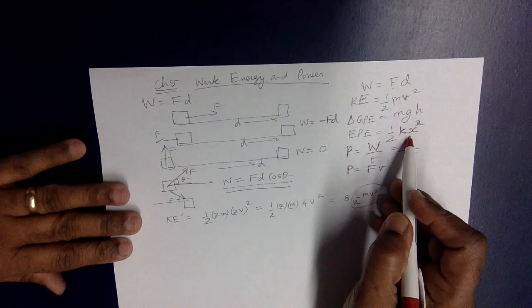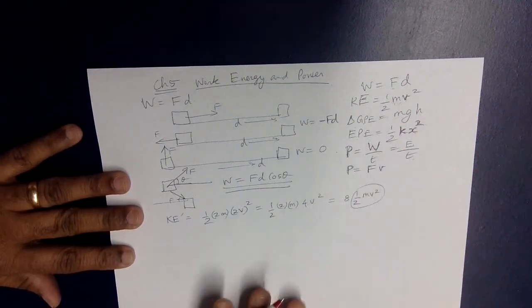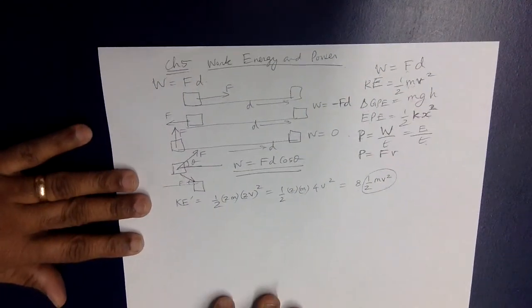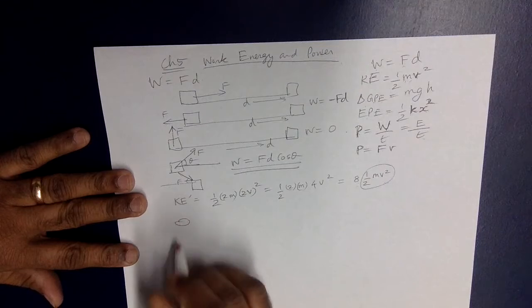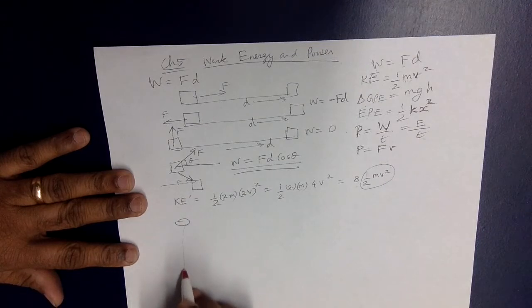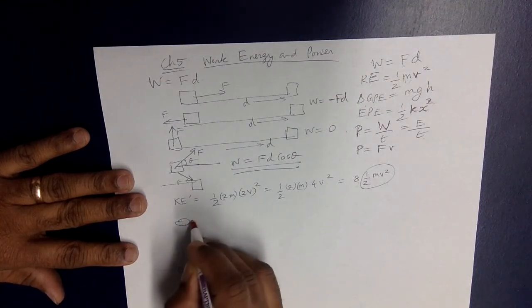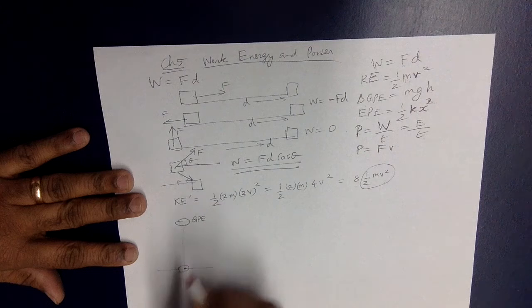For example, if you're told that an object that is here is going to fall from there to here. So what is exactly happening? Over here the object has GPE, and over here the GPE is 0.